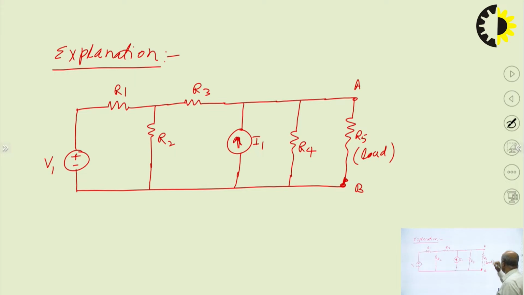According to Norton's theorem, the circuit can be replaced by a simple two terminal network having a current source in parallel with a resistance across the load terminals.